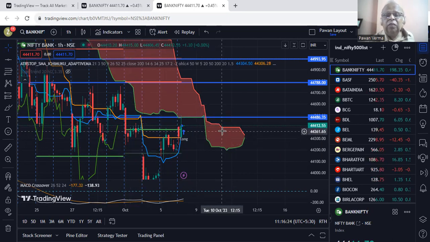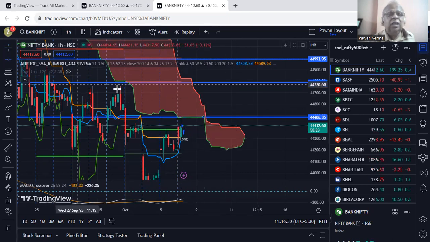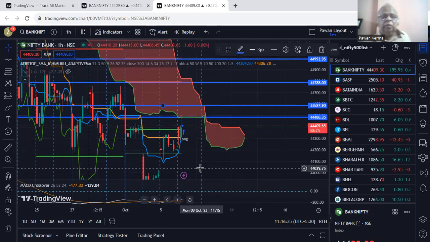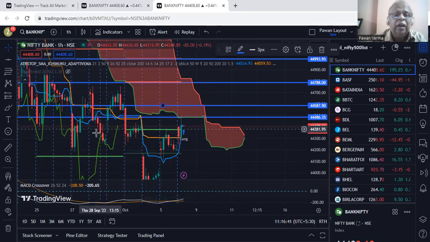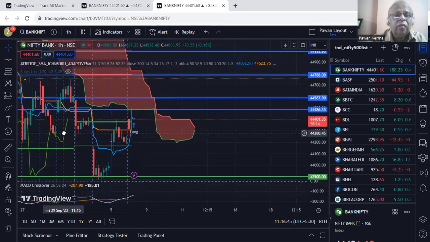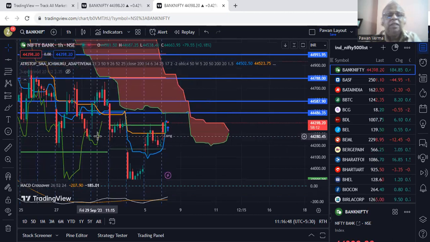So friends, 44,486 to 44,593 is the resistance level for the Bank Nifty right now. See what drastic change has been observed in the case of Bank Nifty.